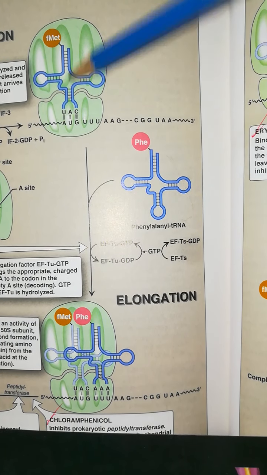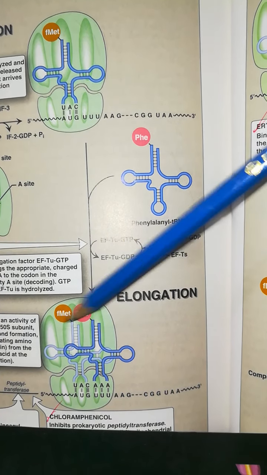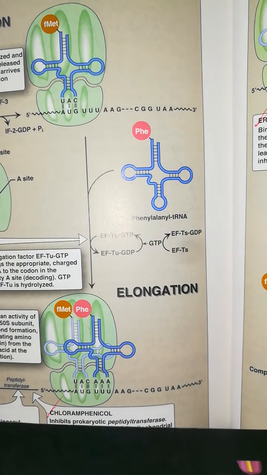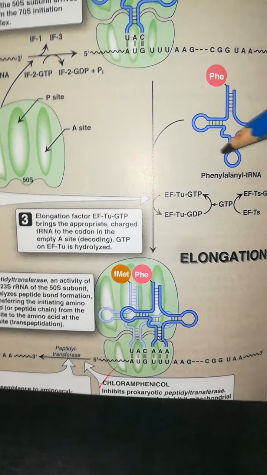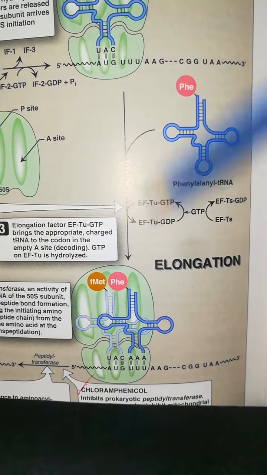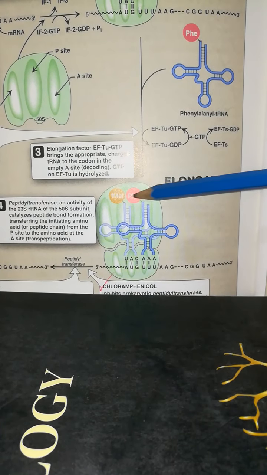In the next step, phenylalanine comes to this site. This one is the third step. Here you follow the third step. So this phenylalanine tRNA comes to this site and combines with this initiation complex.